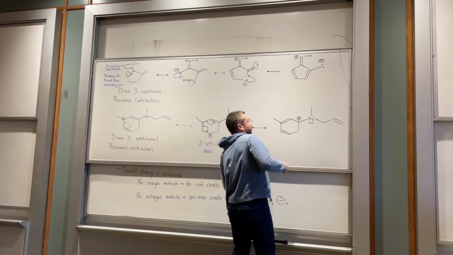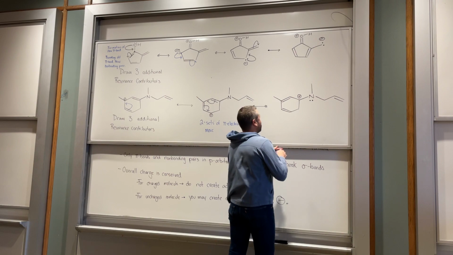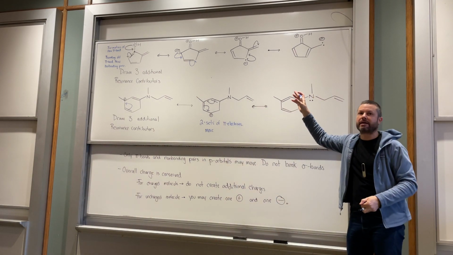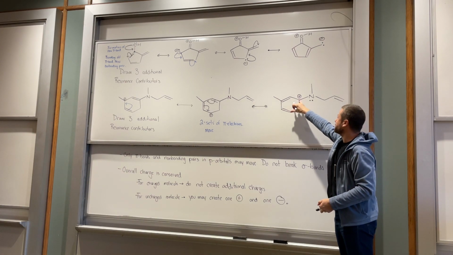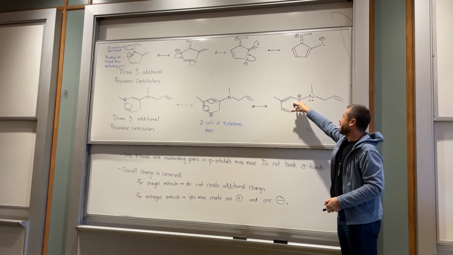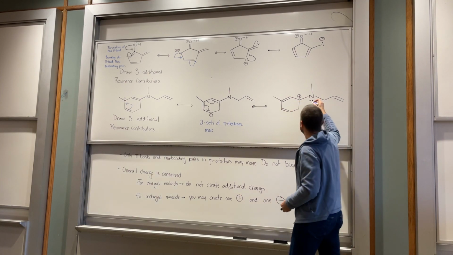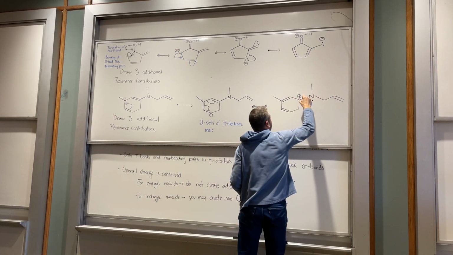Okay. And final one, so this is the one type of movement that does not conform to an allyl-anion and allyl-cation system. And that's whenever we have a positively charged carbon, a carbon with an empty orbital next to a heteroatom with a lone pair.